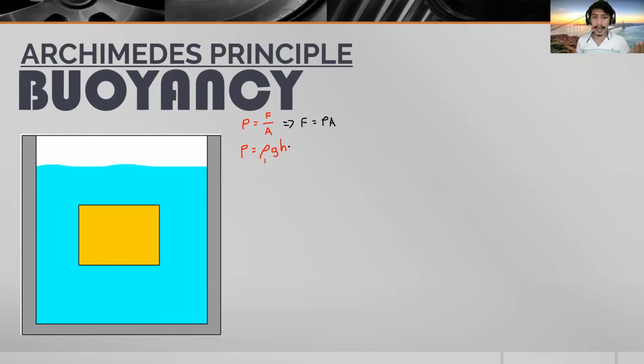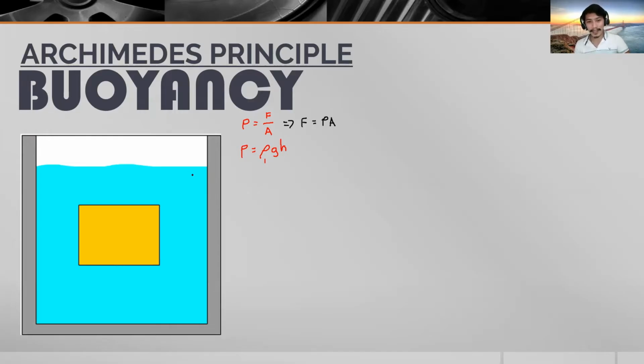It tells us that the hydrostatic pressure is directly proportional to the depth of our fluid, of our liquid. So ibig sabihin, hydrostatic pressure increases with increasing depth. Kapag mas malalim, mas mataas yung hydrostatic pressure.